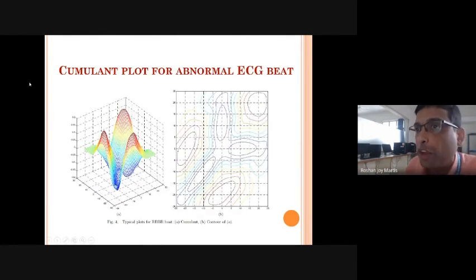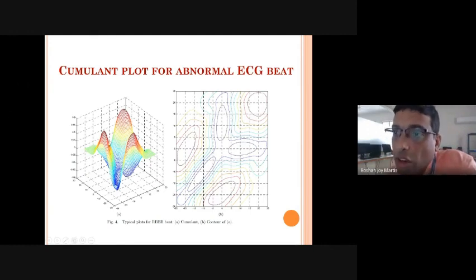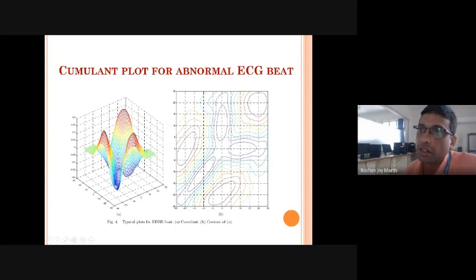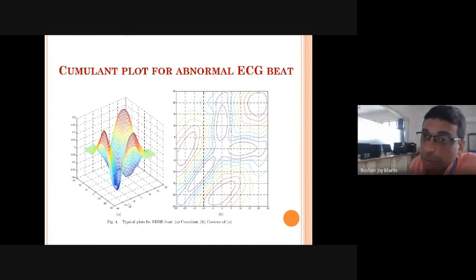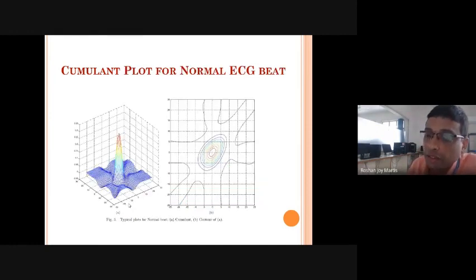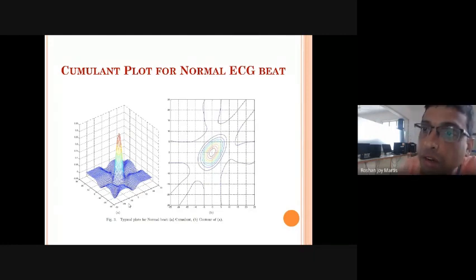See, this is for the abnormal signal, how this nonlinear representation completely changes. In the time domain, if you see the ECG, there are variations, but in this representation, I can see a drastic and glaring difference.